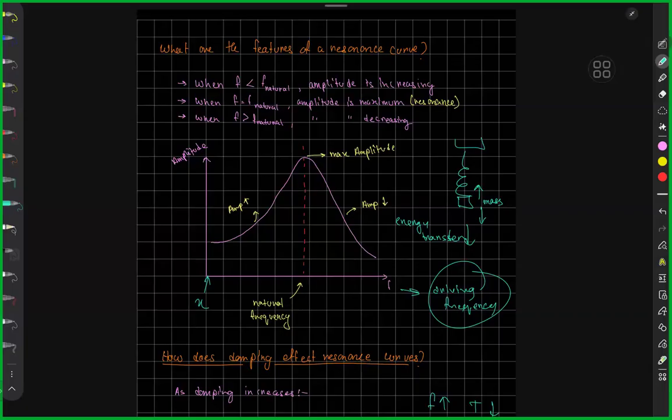But the main few features of this graph that I would like to go over: before the natural frequency, the amplitude is increasing, right? So from a lower driving frequency to meeting the natural frequency, I have my amplitude increasing. The moment my natural frequency has been met by the driving frequency, the amplitude starts decreasing.